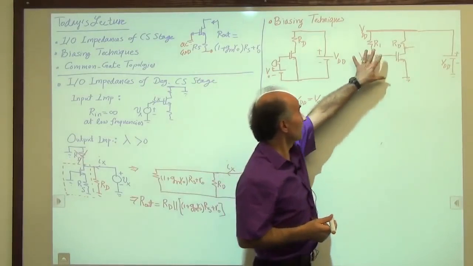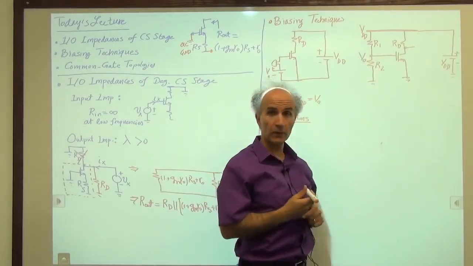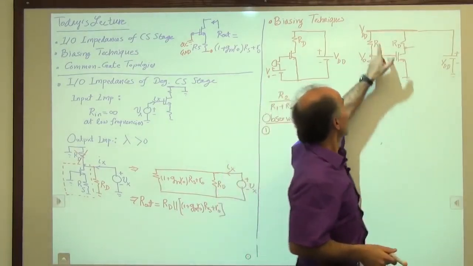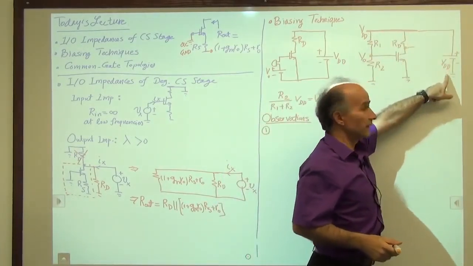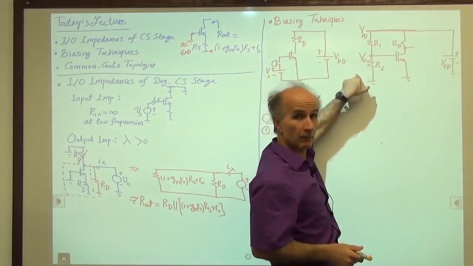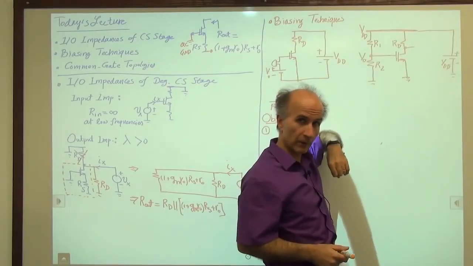So here, use the circuit, and I would like to find the input impedance. What do we do? Well, as usual, we set the independent sources to 0. We apply a voltage from outside, Vx, measure Ix, and that would be the input impedance.